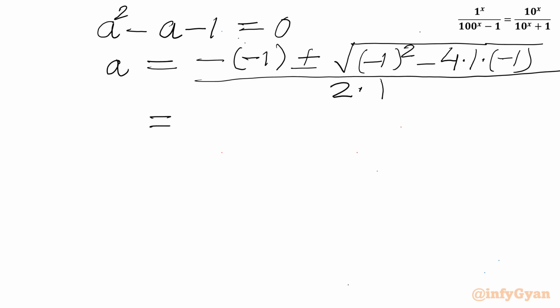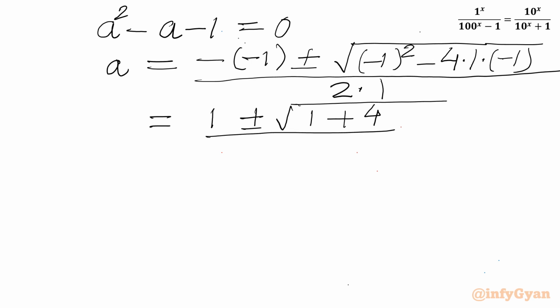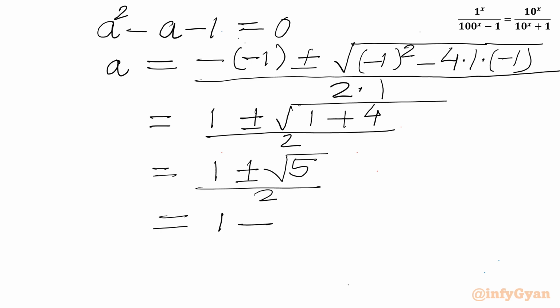Further, we can simplify: 1 plus minus the square root of 1 plus 4 over 2, or we can write 1 plus minus square root 5 over 2, or we can write 1 plus root 5 over 2, 1 minus root 5 over 2.